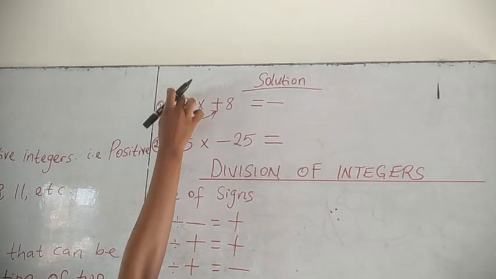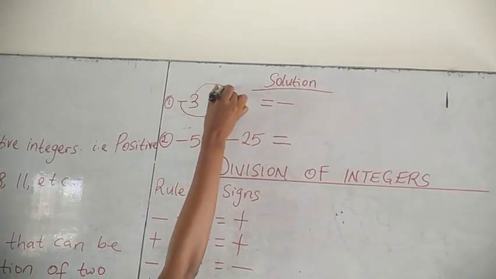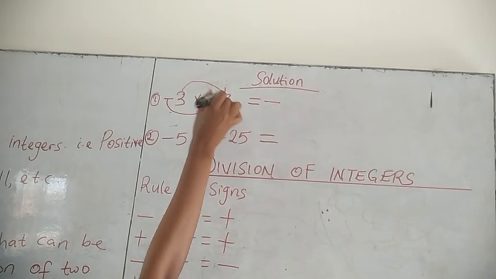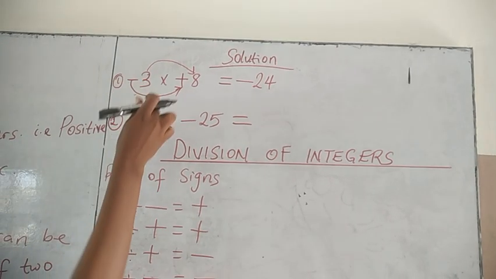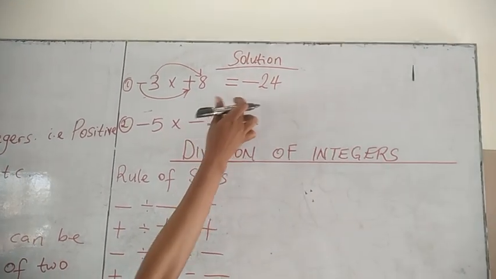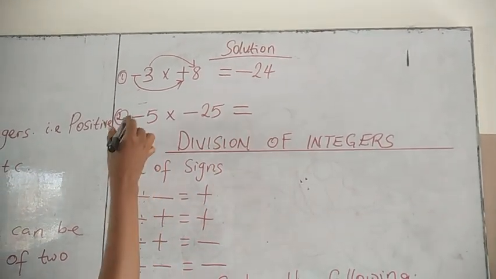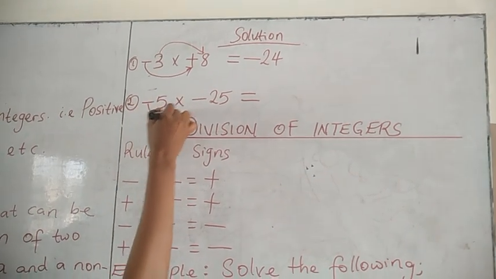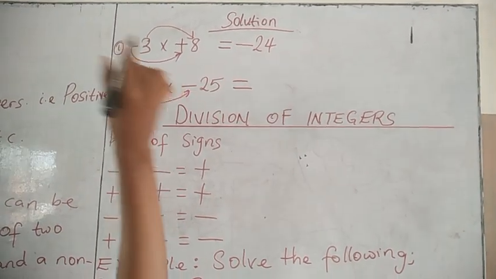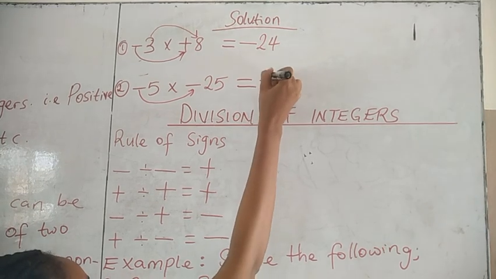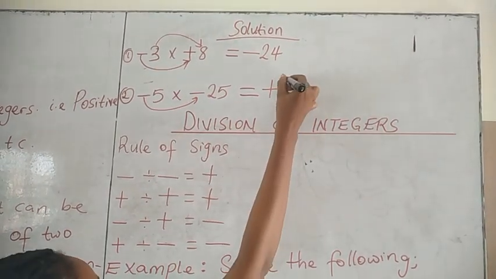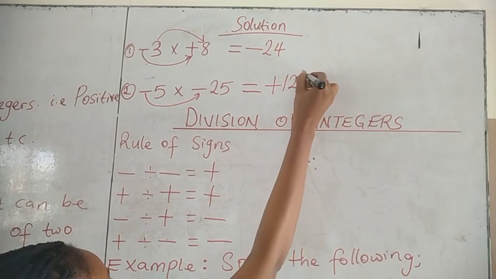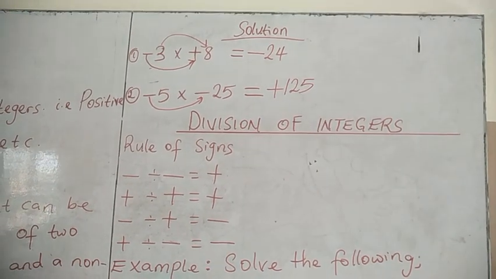Then your 3 times 8 gives 24. The answer of -3 times +8 is -24. The next question, minus times minus. According to the rule of signs, that is positive. Then 5 times 25 gives 125. So your answer is plus 125.